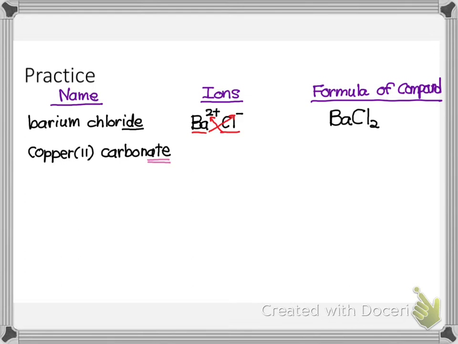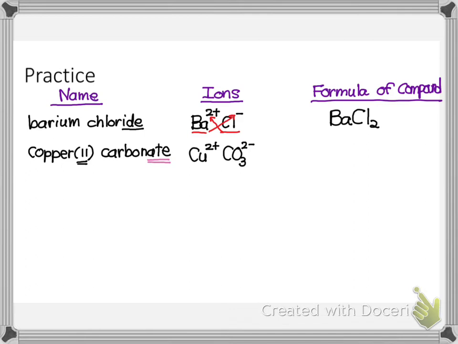So we know that the copper is a 2+, because the Roman numeral tells me the charge. And then carbonate, you would have either memorized or you would have looked on a table, and carbonate is CO3, 2 negative.